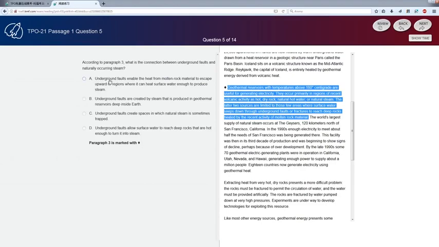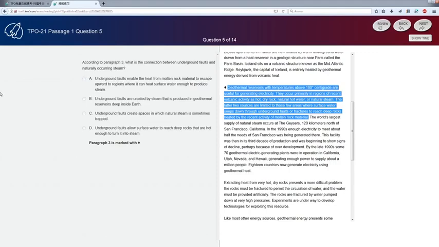It's not like underground faults enable the heat from molten rock material. Again, it uses molten rock. Here it is. It says molten rock. But to escape upward to regions, it doesn't say something like that, does it? That's why they confuse you. That's why some of you are going to select this answer and get low points in the reading section, because that's what they're trying to do.